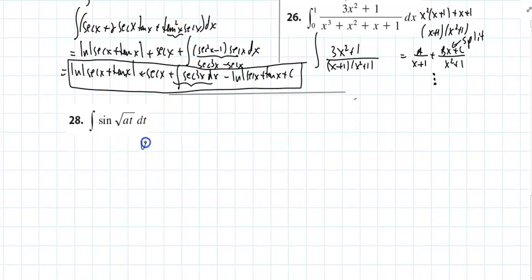Well, we know that drill by now. We've seen this enough. Let u equal the square root of at. And before you take a derivative, since I don't see a radical at in the denominator, I would square both sides. Then u squared equals at, so 2u du equals a dt. So this becomes an integral of the sine.